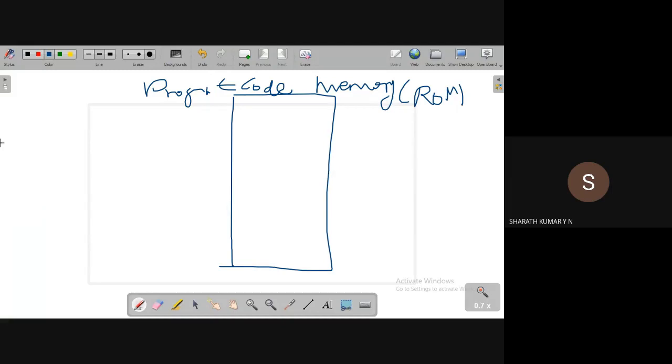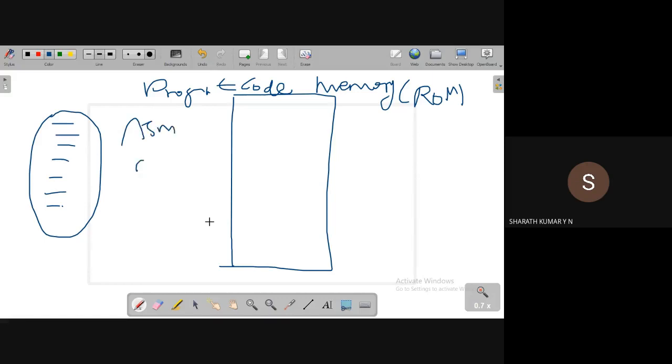Let us say my program has 10 lines. This program or code, which I have written in either assembly language or C language, is stored in the memory. The microcontroller will start executing these instructions one by one, one after the other.